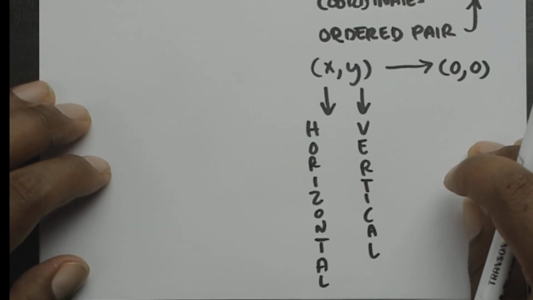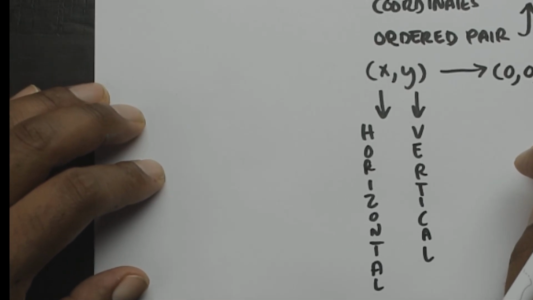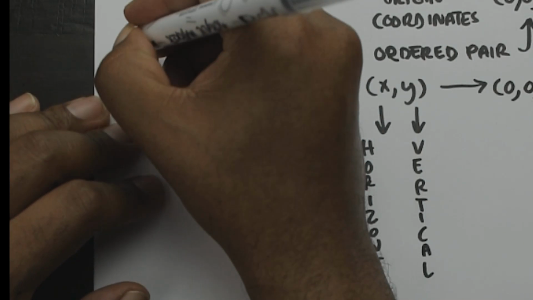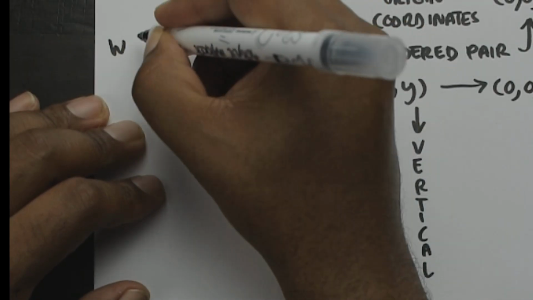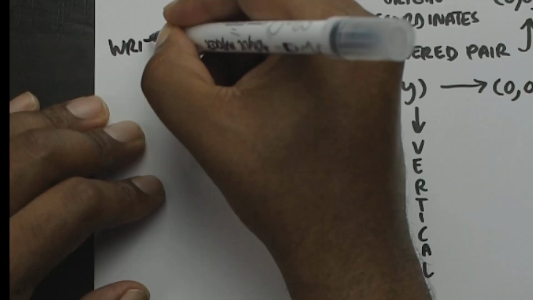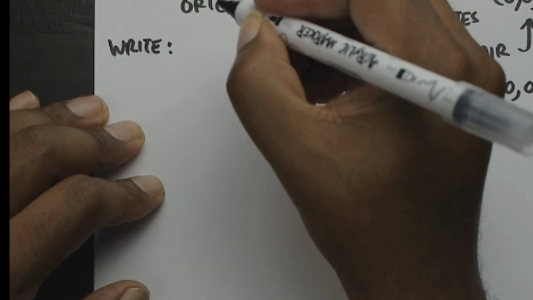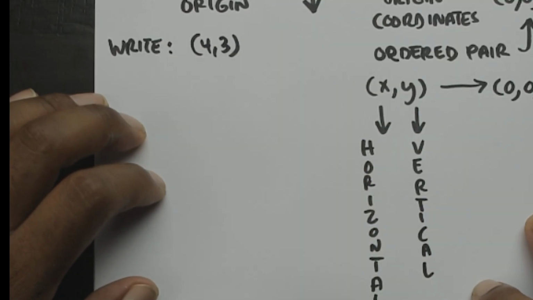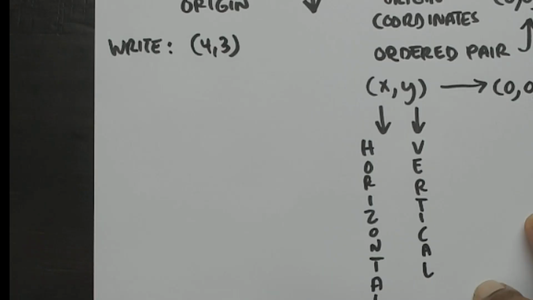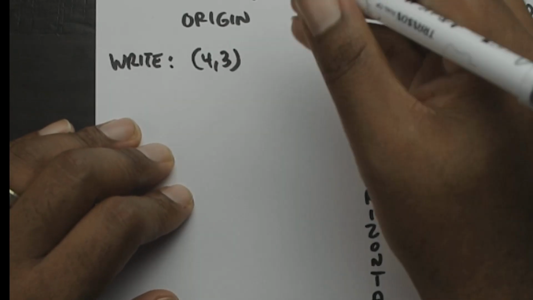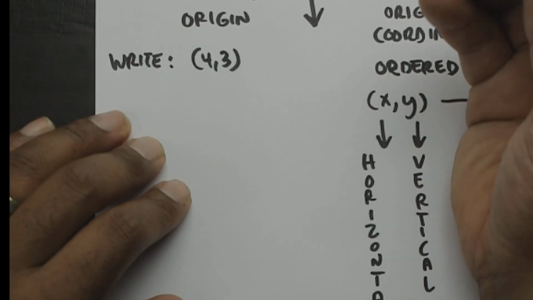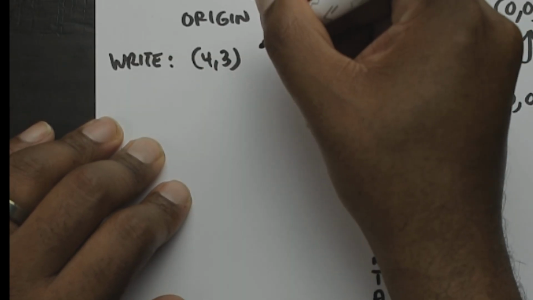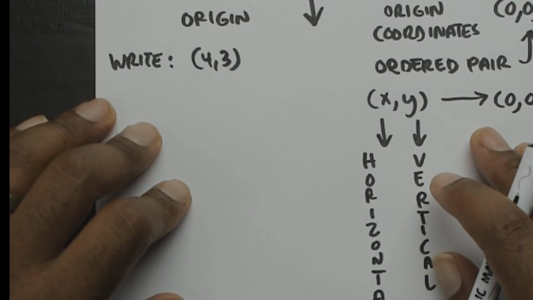Now, what we're going to do is I'm going to give you an idea here. I'm going to say 4, 3. Okay. So for example, what if I say plot this? Okay. What if the question says plot 4, 3? All right.